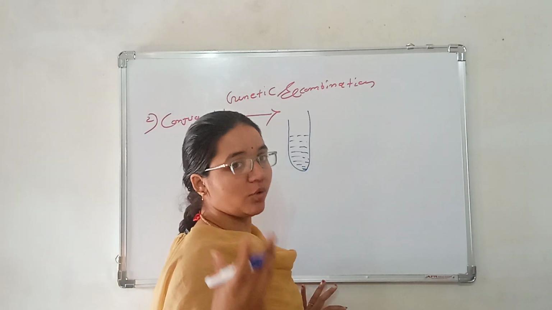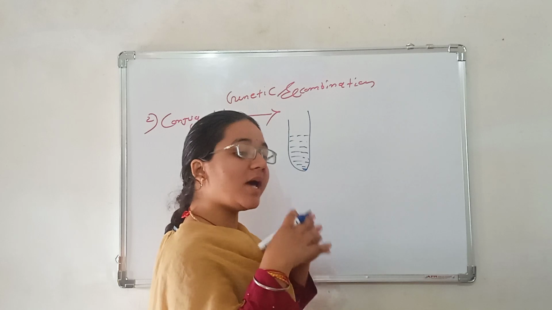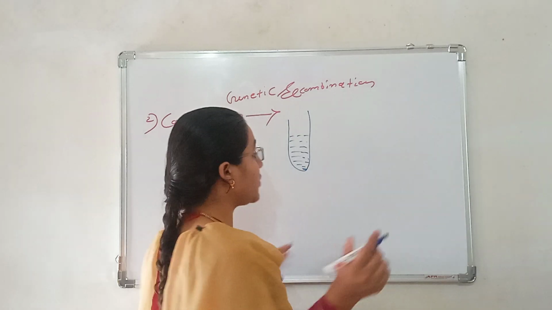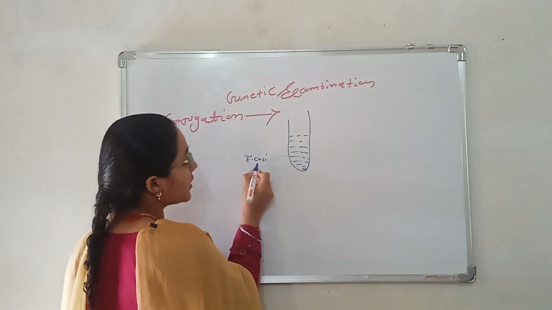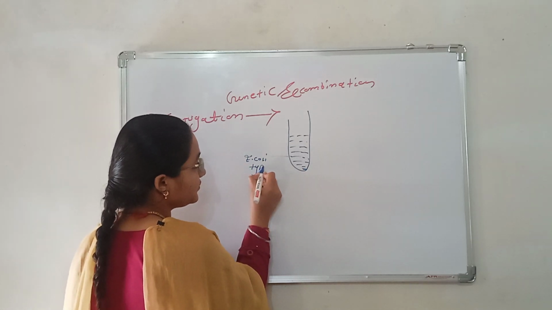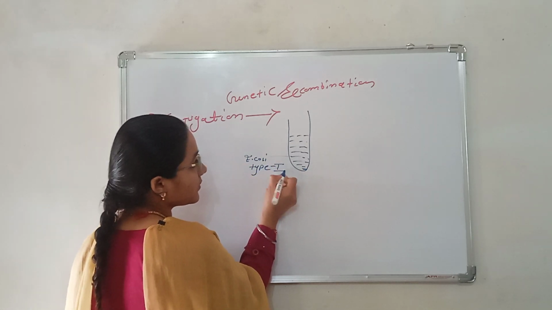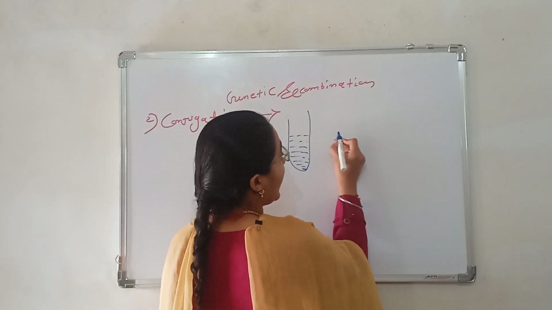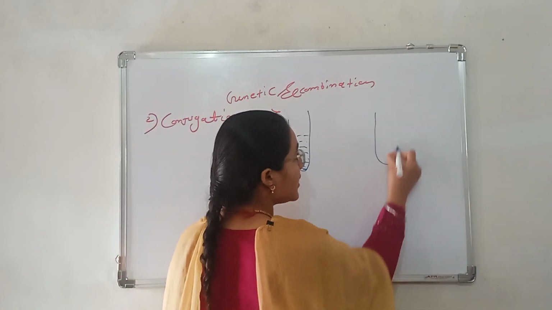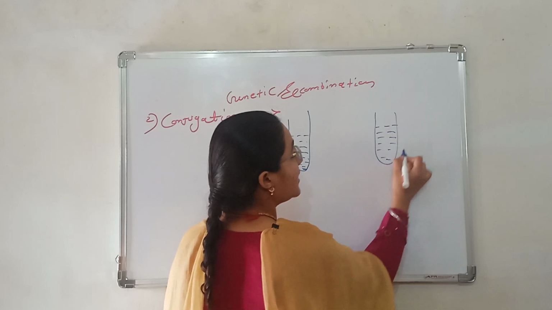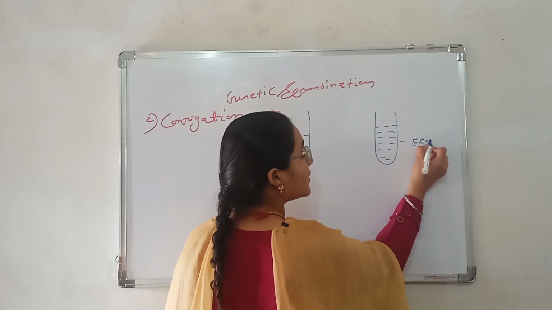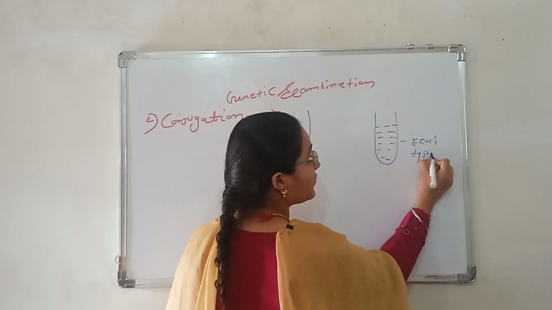Commonly we use E. coli, because E. coli has different types and different strains. So we consider E. coli type first, and the second tube contains the second strain, E. coli type 2.